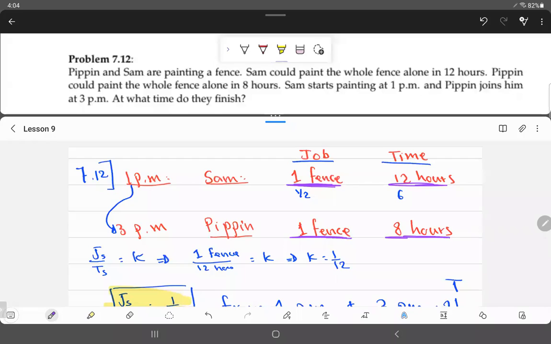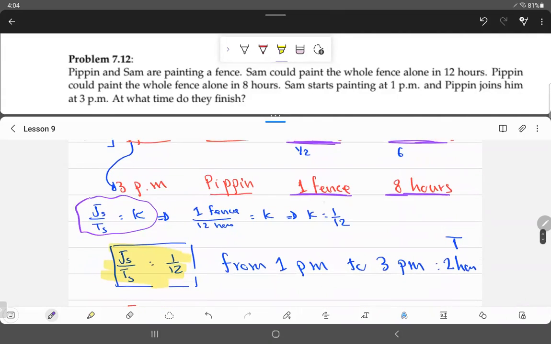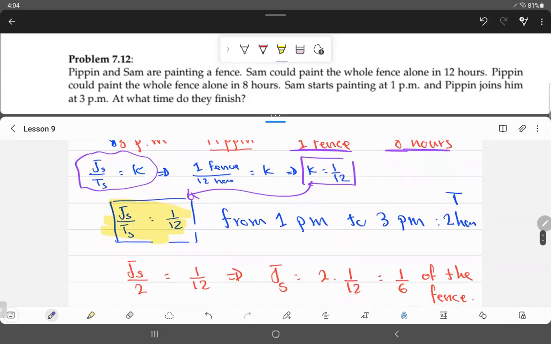We said, what happens to the time with half of the fence, and so on. After that, we found that the relation is direct. Then we found the constant of proportionality. Then we know that JS over TS equals 1 over 12. At the same time, J Pippin over T Pippin equals 1 over 8. Same thing.